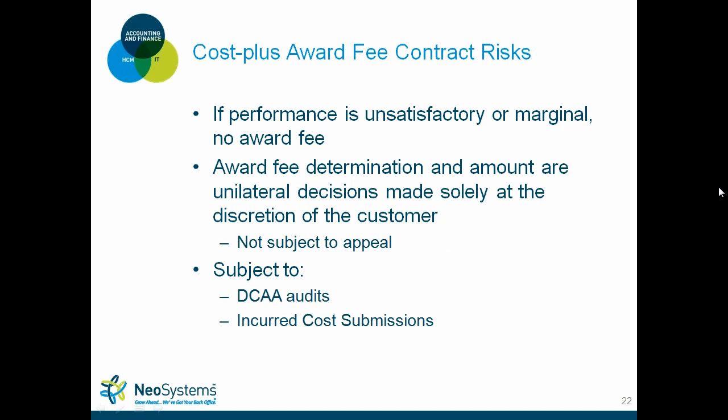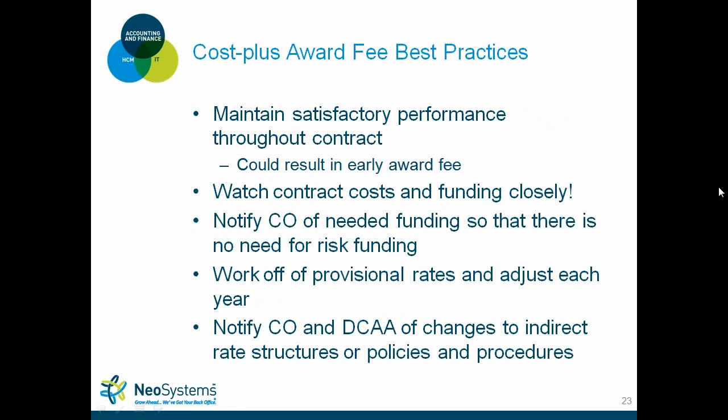And again, the award fee determination is strictly up to your contracting officer. And if they give you 1%, you can't appeal that. And then obviously, cost plus, any type of cost reimbursable type work is subject to DCAA audits and incurs cost disallowances.